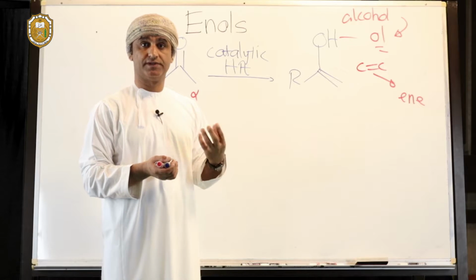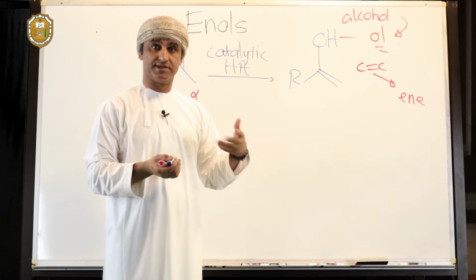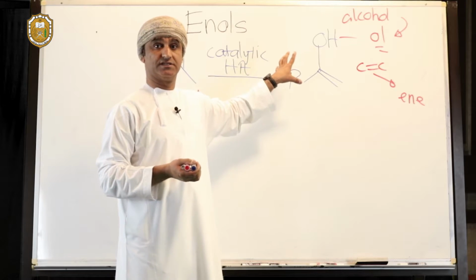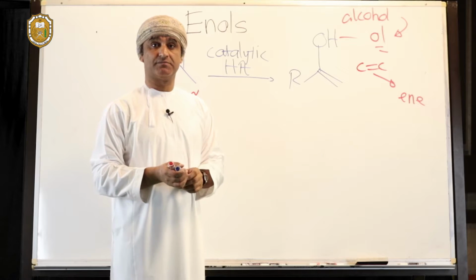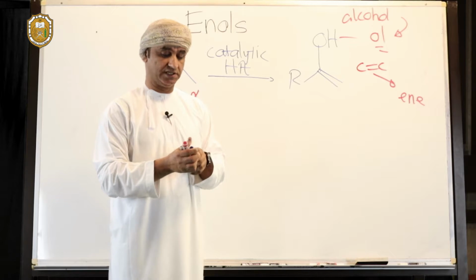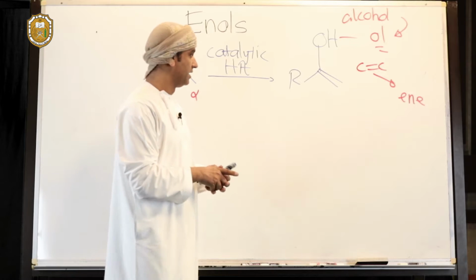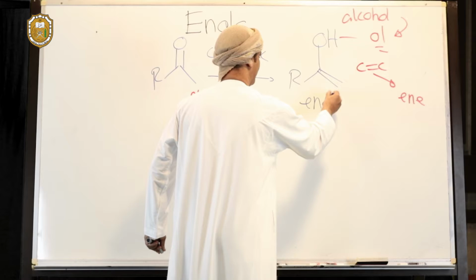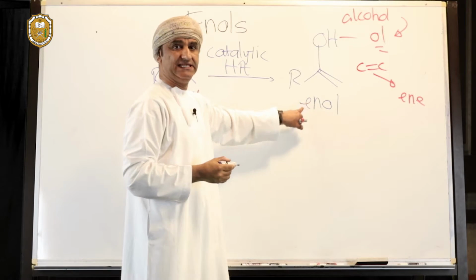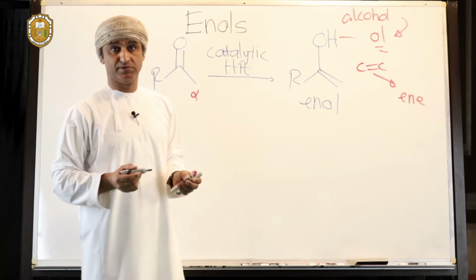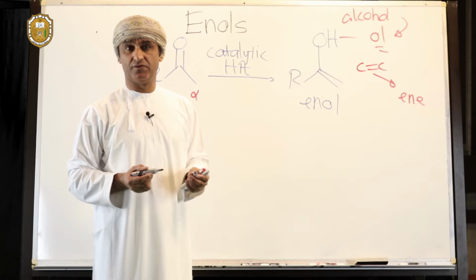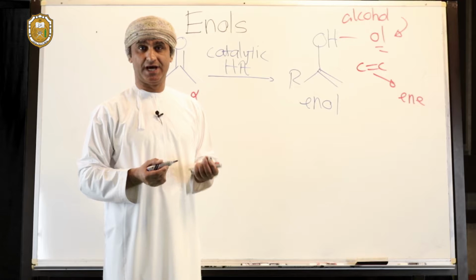That's why it's called enol, to indicate that the structure contains a carbon-carbon double bond and, of course, a hydroxyl group. "Ene" because it contains a carbon-carbon double bond, and "ol" because it contains a hydroxyl group, therefore it's entitled to be an alcohol.